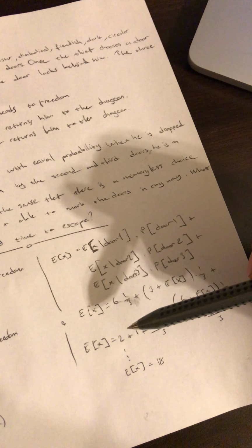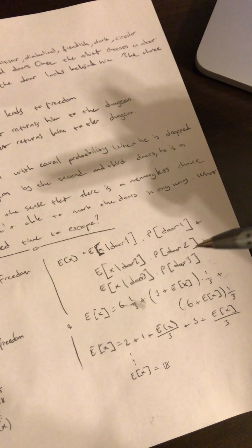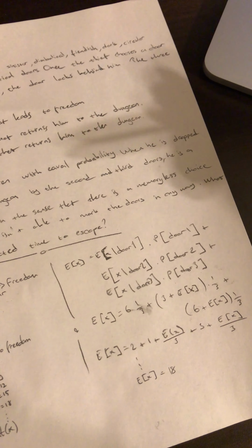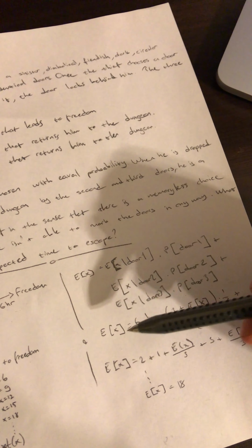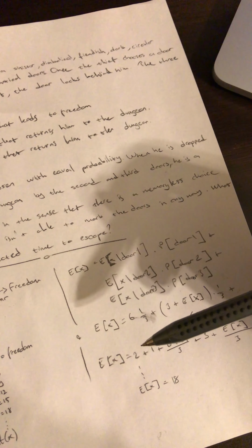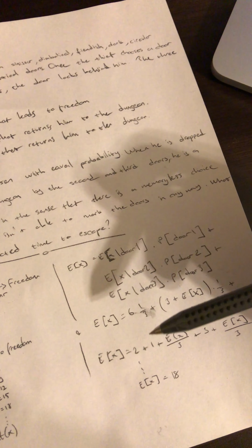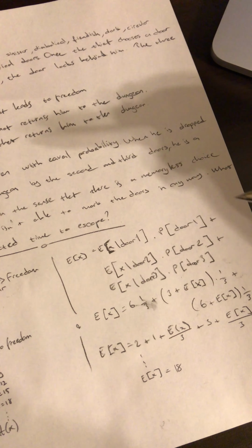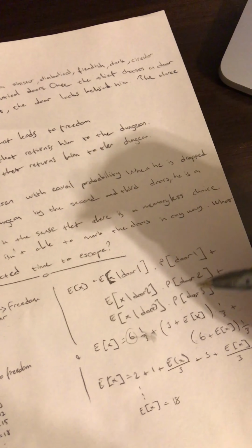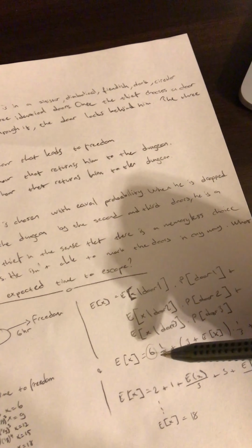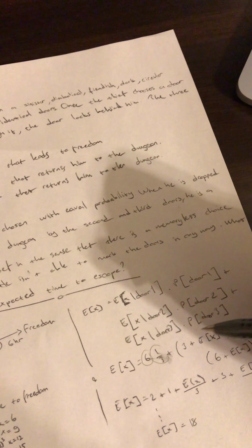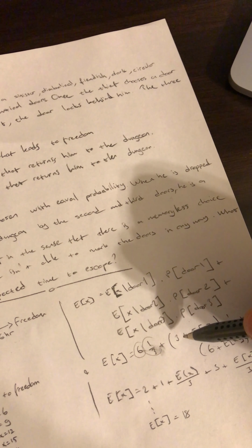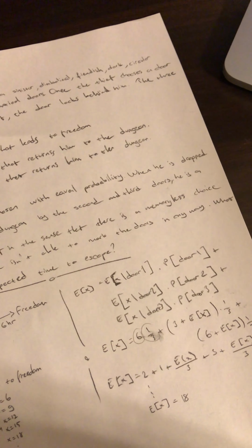Now, on the left-hand side you have the expected value of x. What is the expected value of x given he chose the first door? Well, it's clear the expected value of x is just 6 hours, so we can write 6 times 1/3, plus the expected x given the initial choice was door 2.